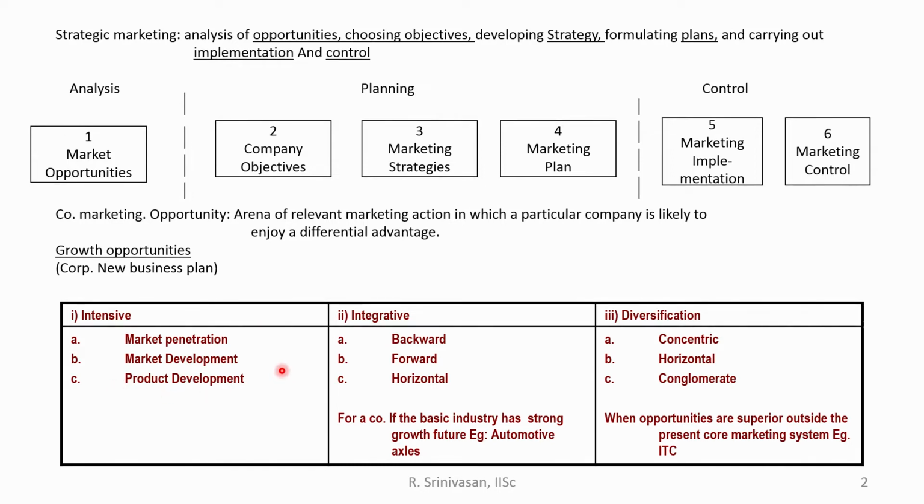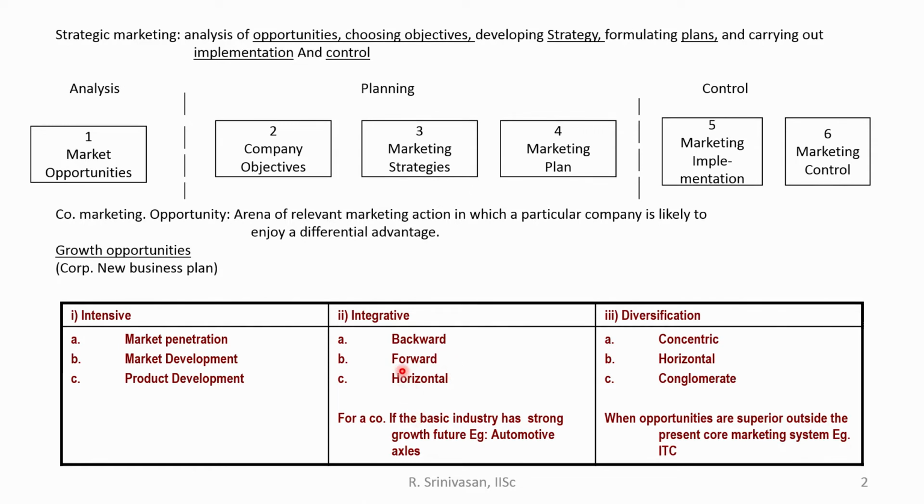So, how do you develop the different types of products? All these three, that is the market penetration, market development or the product development, come in the category of intensive growth opportunities. Then when we are looking at integrative growth opportunities, again we are looking at backward, forward and horizontal.